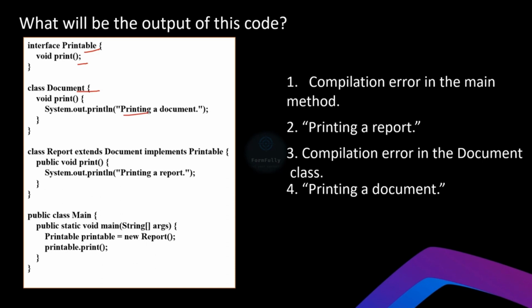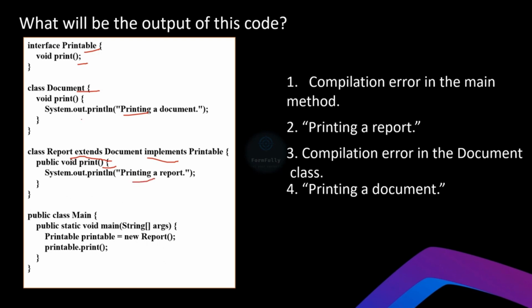Then we have class Report, which extends the Document class and implements the Printable interface. This means that Report is a subclass of Document and also provides an implementation for the print method from the Printable interface. The print method in the Report class overrides the print method from the Document class and prints printing a report.